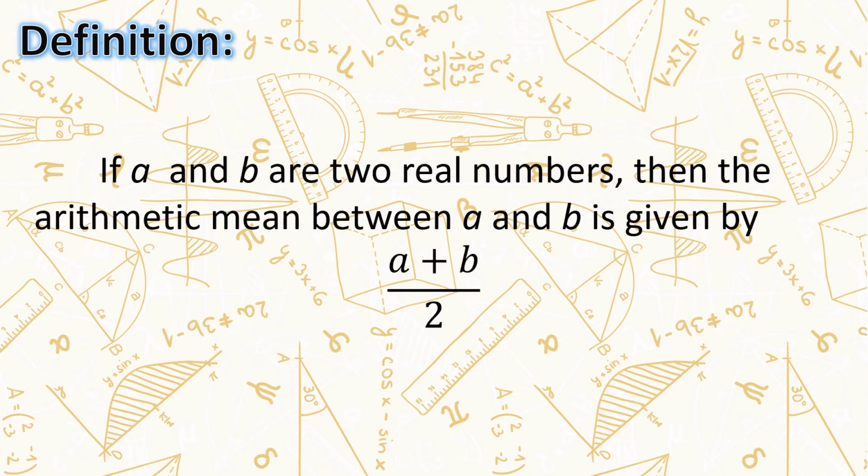If a and b are two real numbers, then the arithmetic mean between a and b is given by a plus b over 2. Hence, if we're getting the arithmetic mean between two numbers, we just get the average of these two numbers.